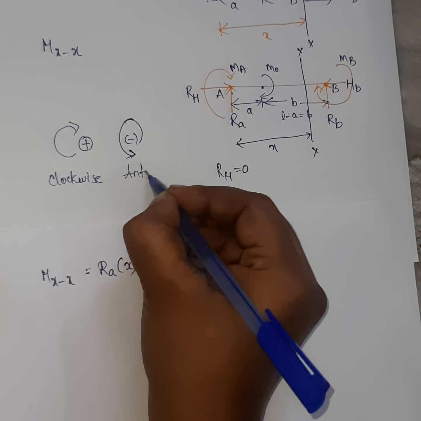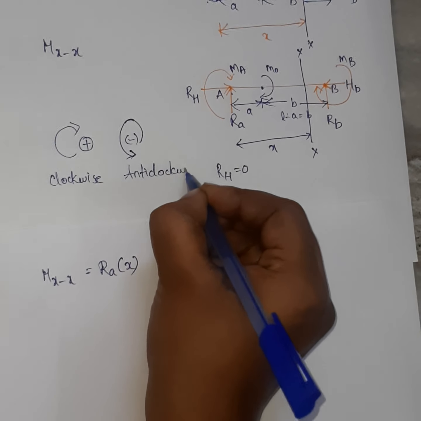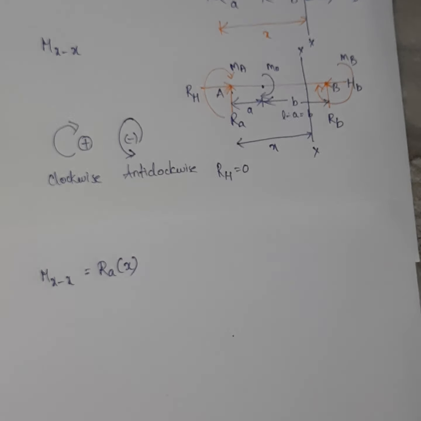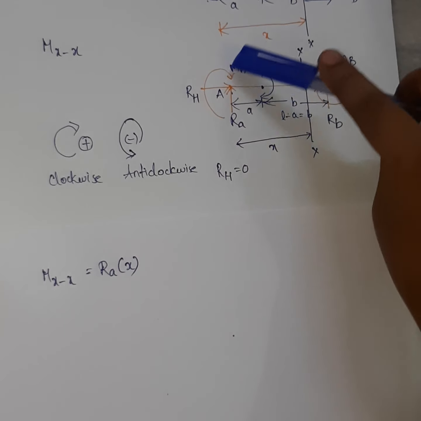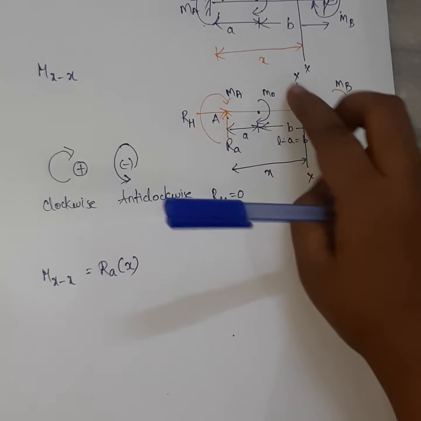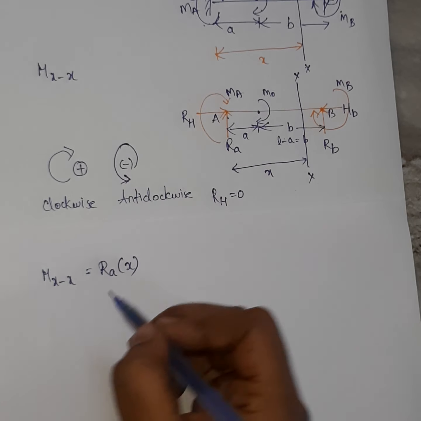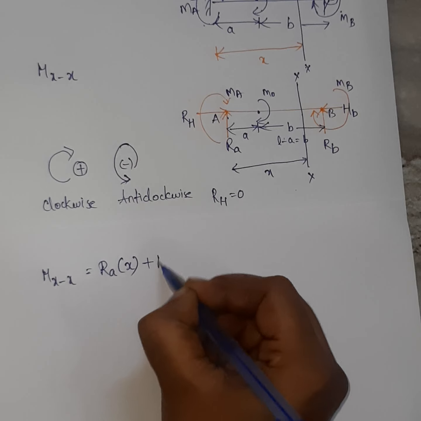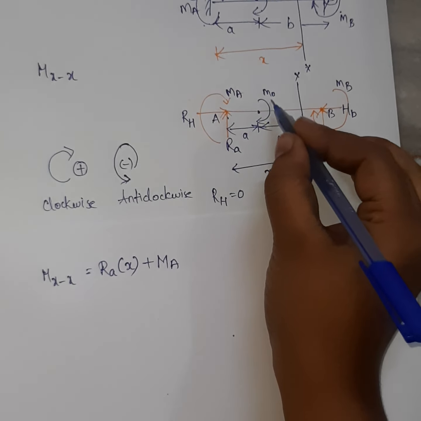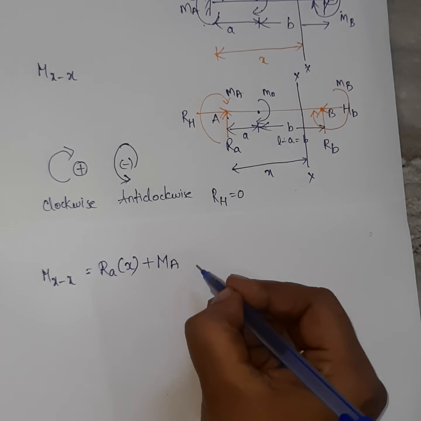If it is anti-clockwise, I am taking it as negative. Okay, these are the sign conventions. So the force is moving in this direction, so it is in clockwise direction. So it is plus RA into x. Next, moment in which direction? Clockwise, plus MA. The couple is also acting in clockwise direction, so it is also plus M0.